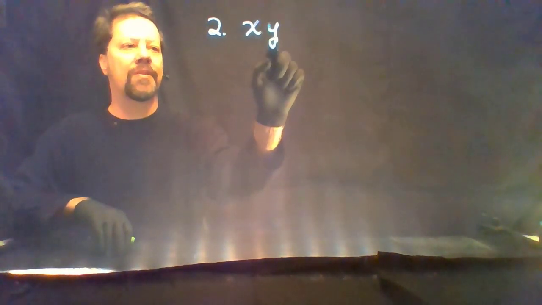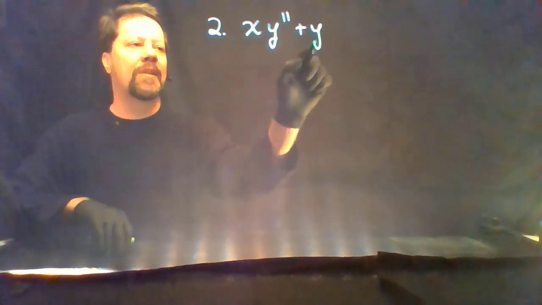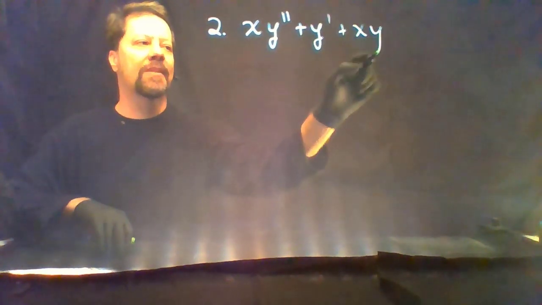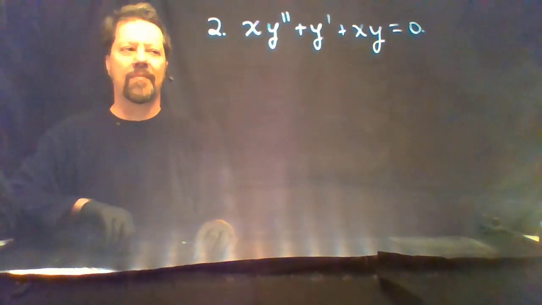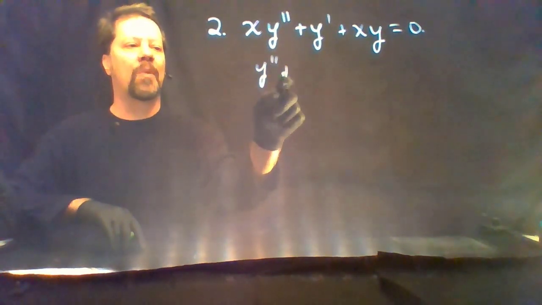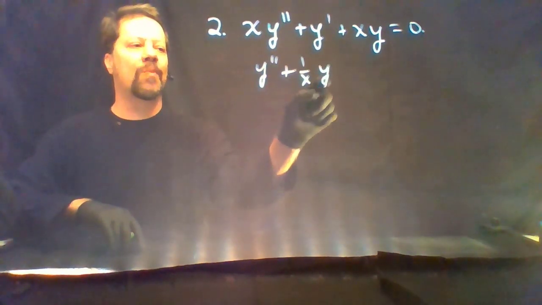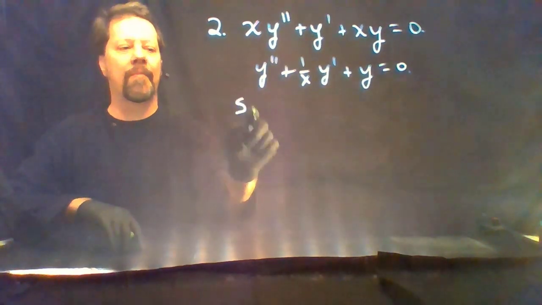For problem number 2, we use the method of Frobenius to solve the differential equation xy″ + y′ + xy = 0. In this case, the standard form is y″ + (1/x)y′ + y = 0.